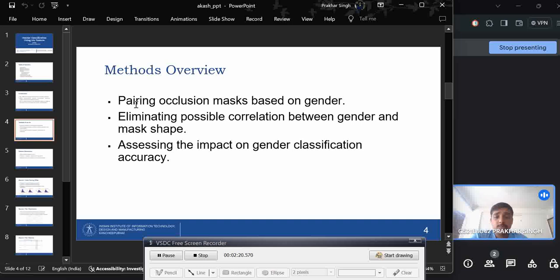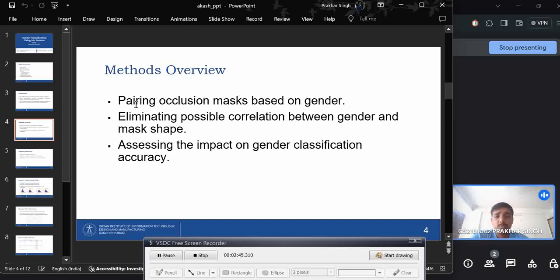In our research, we aim to address the potential bias introduced by occlusion masks in gender classification based on iris texture. Occlusion masks, which are used to segment the iris region in images, may inadvertently contain gender-related information due to factors such as makeup, segmentation errors, or differences in sensor technology. To mitigate this bias, we propose a novel method of pairing occlusion masks by gender.